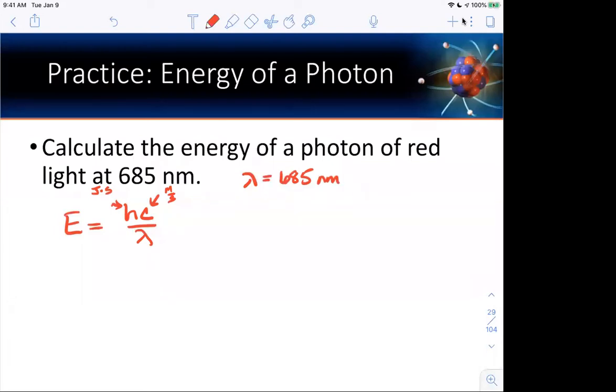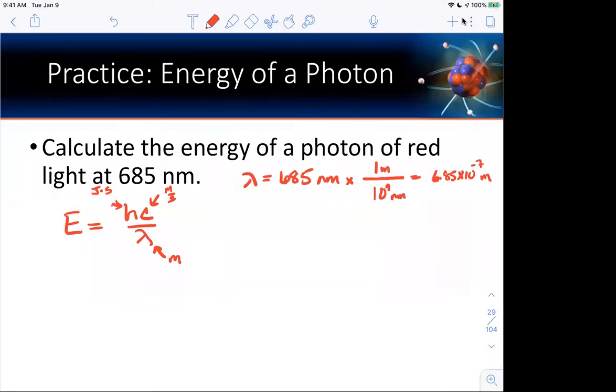Lambda is in meters, so I have to convert this. I have 10 to the 9th nanometers in 1 meter. So what I get is 685 divided by 1 times 10 to the minus 9th, and I get 6.85 times 10 to the minus 7th meters.